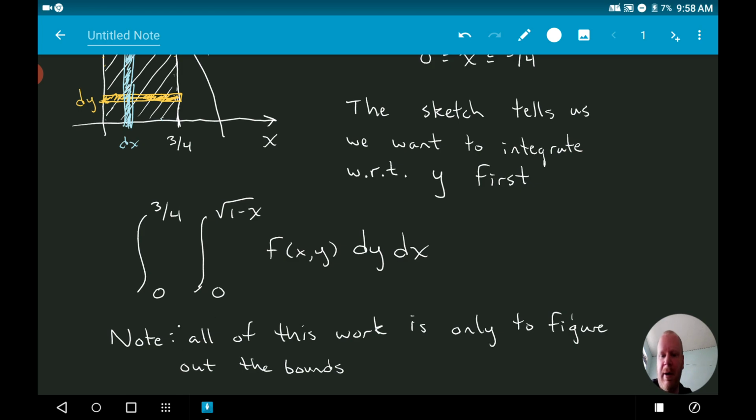Right, so this whole process is just figuring out what numbers go here, what numbers go here, what numbers go here, what numbers go here.